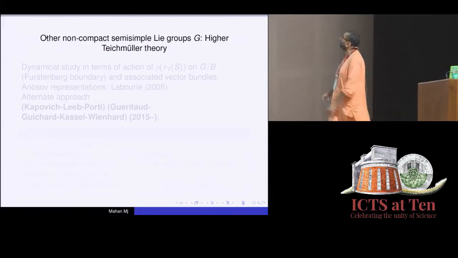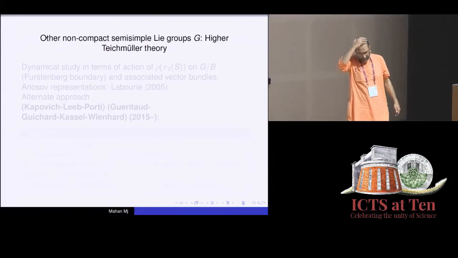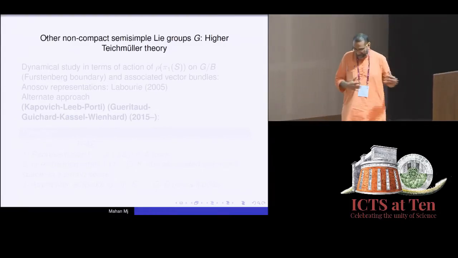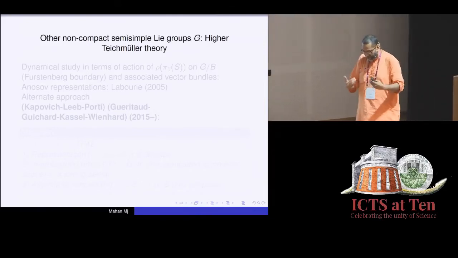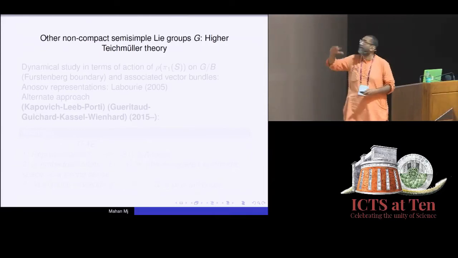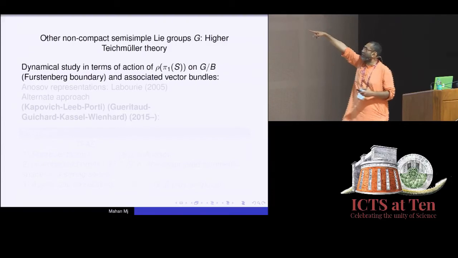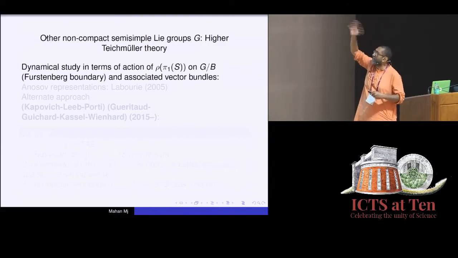This is what's called higher Teichmuller theory. It came from a very different direction, but the geometric study was initiated in 2005. Representations of pi1s into G, think of G as SLNR or SLNC, can be studied dynamically in terms of this asymptotics.